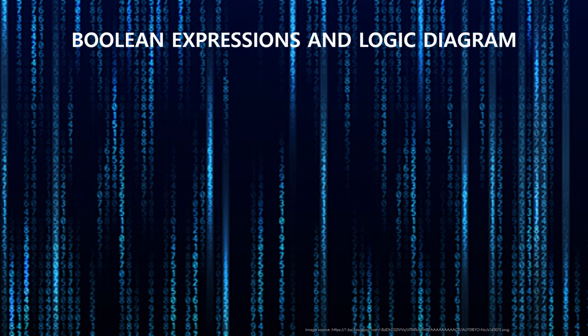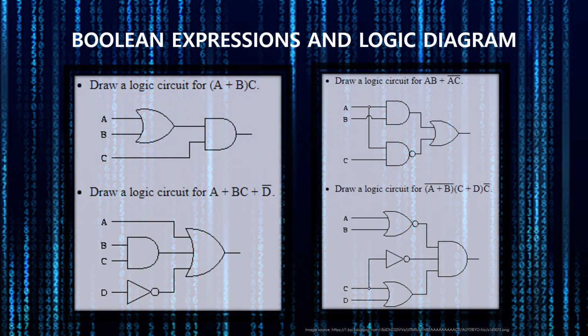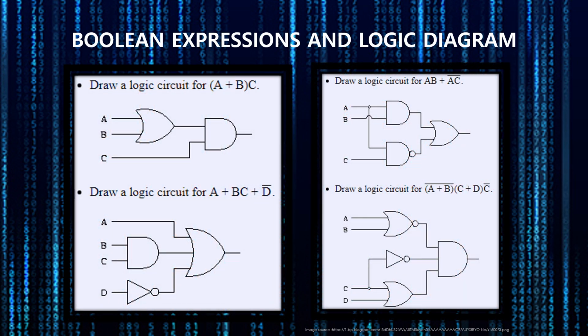Okay, so now let's start how to draw a digital circuit, or a logic diagram, from the Boolean expression. As you can see on the screen, here we have a total of 4 expressions and 4 logic diagrams. Here we'll learn how to draw these diagrams from the expressions.